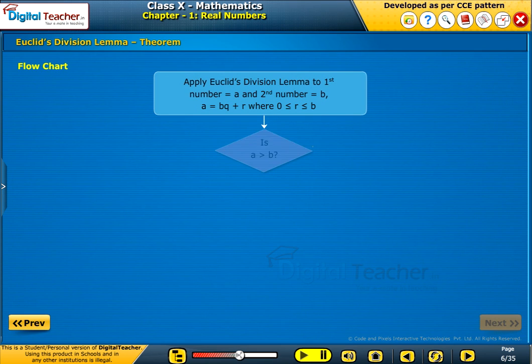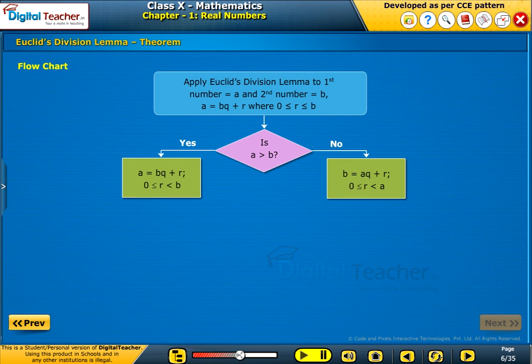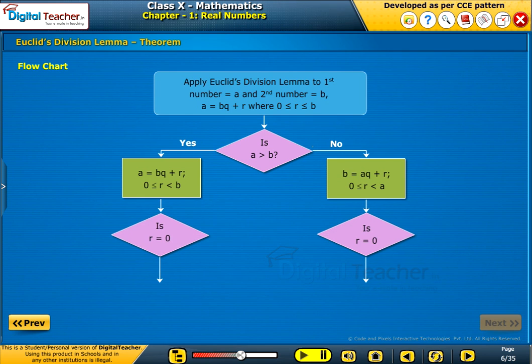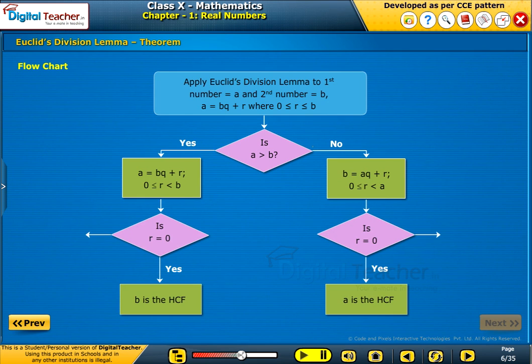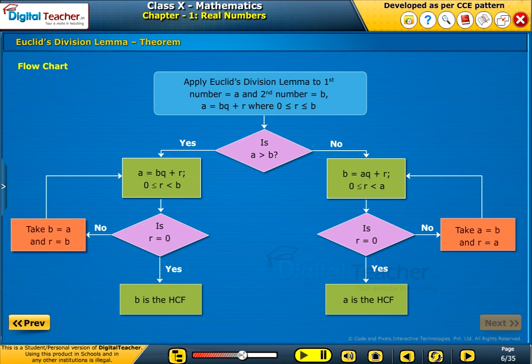Flowchart. Here let us know sequentially in the flowchart the steps to find the HCF. Let the first number be a and the second number be b. If a is greater than b, then according to Euclid's division lemma, a is equal to bq plus r, where q and r are integers and 0 is less than or equal to r is less than b.